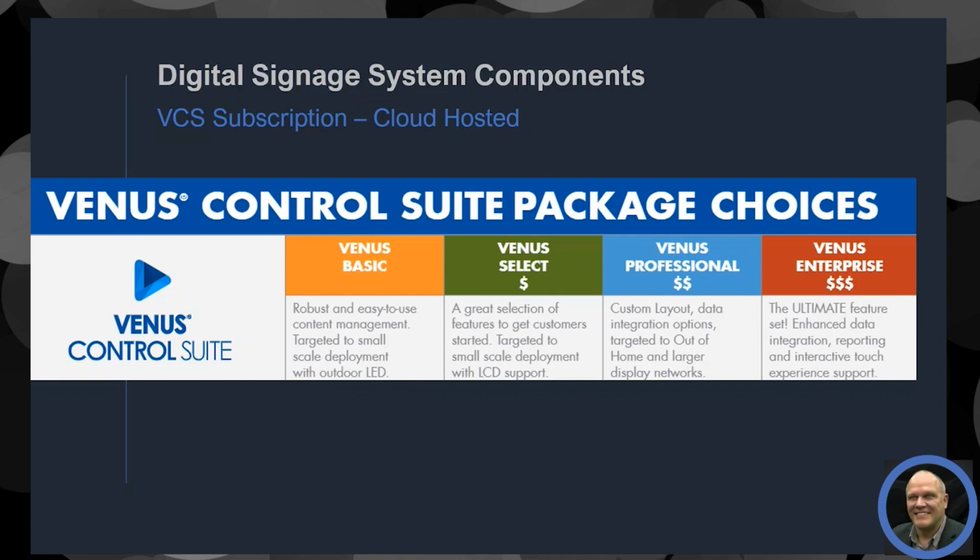When you need to go to LCD networks or larger networks with multiple displays, then we start to get into select. Professional adds some capability options, and then enterprise is our highest level. Everything we build into VCS is available through enterprise. We will have locally installed package choices as well. We really do want to promote our cloud-based solution as the right solution for LCD type networks and larger deployments of screens.